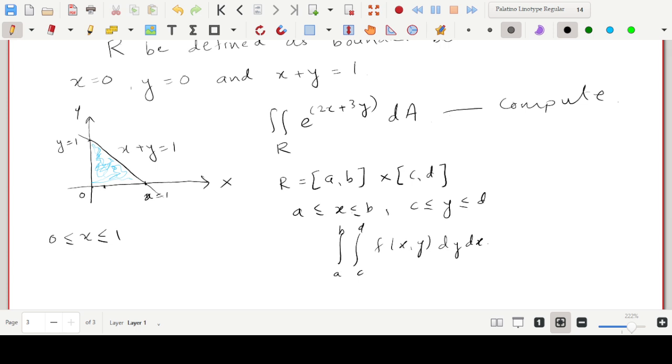So suppose this is x here. Now y varies for this x from this point to this point, if we want to remain inside this region. So this is y equal to 0 because this point lies on the x-axis. And what is this value? This is 1 minus x.